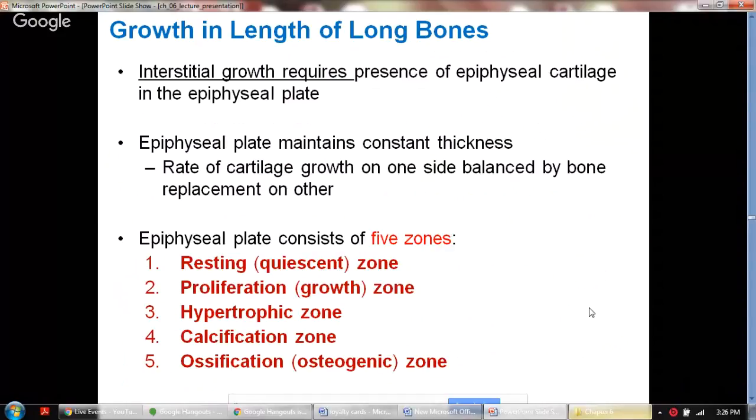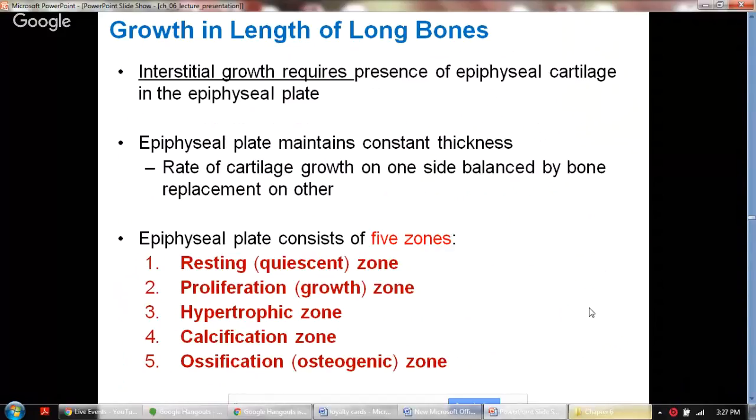So the rate of cartilage growth on one side is balanced by the bone replacement on the other, because if you remember, the cartilage is the first structure, and then it's going to be ossified and calcified and formed into strong bones. So the epiphyseal plate that you find during the growth remains constant. And how it remains constant is that the cartilage is also formed at the same pace as the bone, as it's turned into bone.